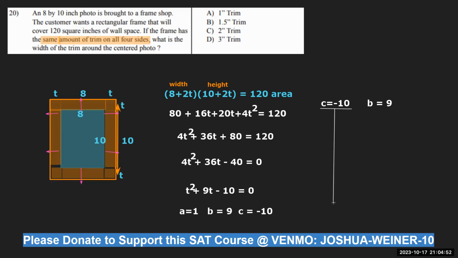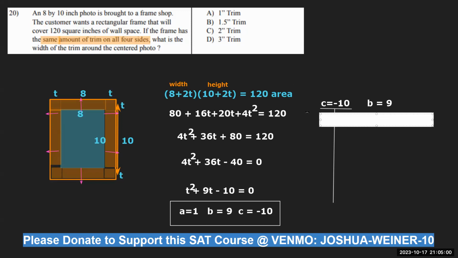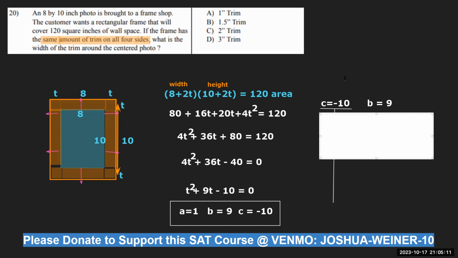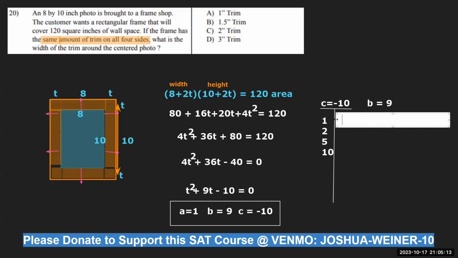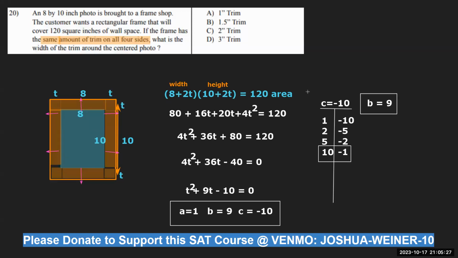Since it's negative 10 and we want positive 9, the larger number should be positive, if we need a positive times a negative. 1, 2, 5, and 10. And on the negative side, negative 10, negative 5, negative 2, negative 1. Looks like the winner is the fourth choice: 10 minus 1 is 9. So that's the correct solution.